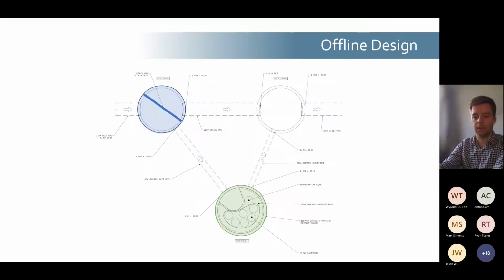So if we go back to this design, flows in excess of the water quality flows. When the device backs up and surcharges up to the level of the bypass weir, flows will then directly bypass the treatment system.